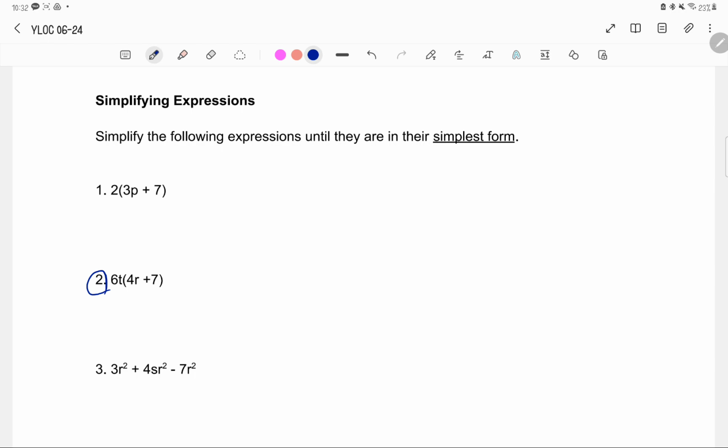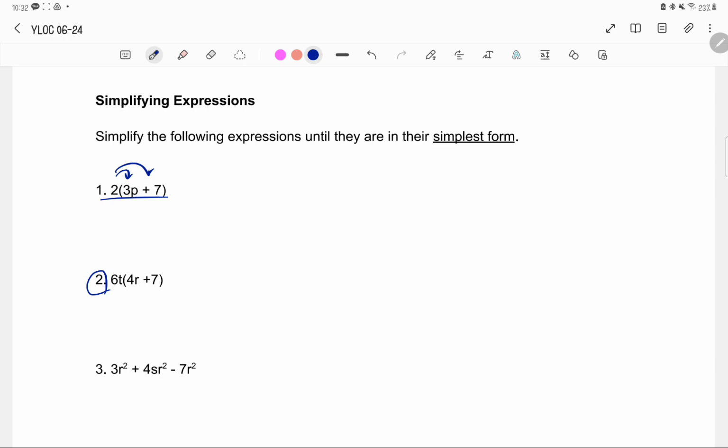For example, number 1, you see 2 parentheses 3p plus 7. To make a simpler version, the simplest form, you're going to distribute. And you might wonder, when should I distribute, or how can I notice if I have to distribute?